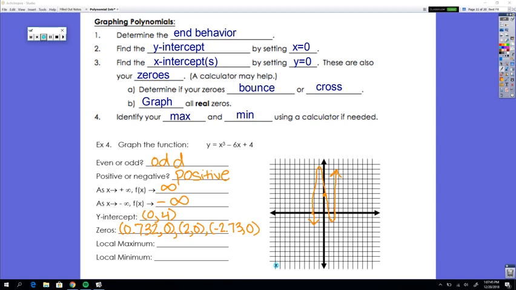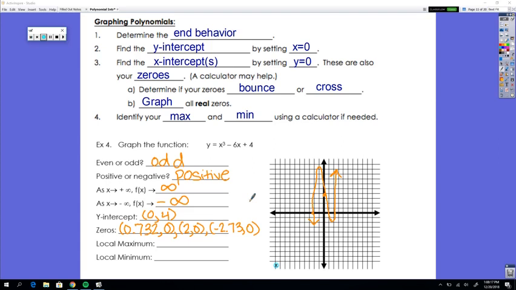Our local maximum, the same thing. We're going to use our calculator or Desmos to find these points. We know our local maximum for this one is just this point right here because we can see that it's the only bump that we have. The only other bump that we have is down here, but this is more of a valley. So here is our local maximum right here. So in the calculator, you would go to Menu, Analyze Graph, Maximum, and again, you would highlight this point to find your maximum, or in Desmos, you can scroll over that point to see what it is.